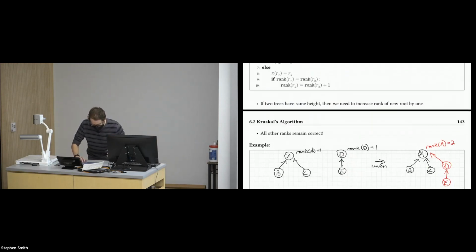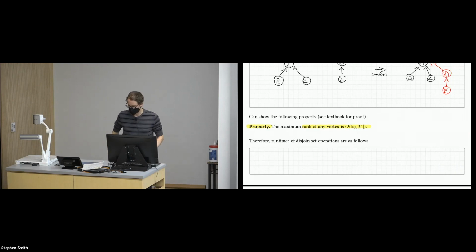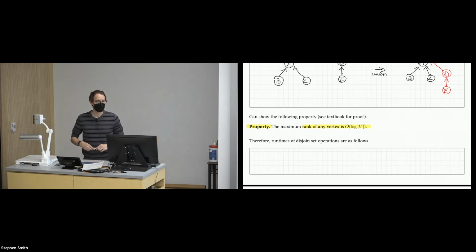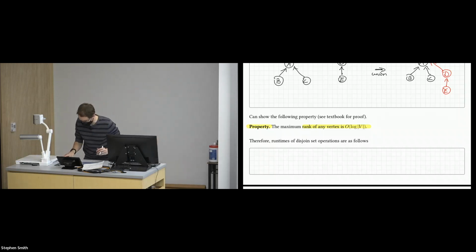And the depth of the tree you can show, which we won't go through the proof of here, is order log V. So the maximum rank of any vertex is order log V. If you want the proof, if you go to the textbook, there's a proof of this. For us, I think it's okay to not do it.